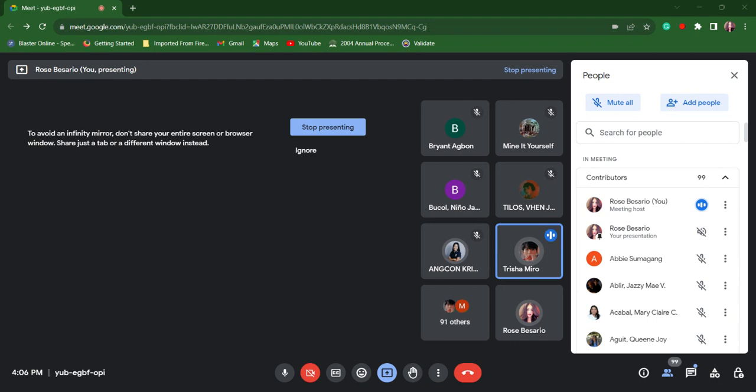So, question number 1. What was the amount of interest expense paid in cash in 2023? Okay, zero. Wala. Ang atong accounting period is 2023.